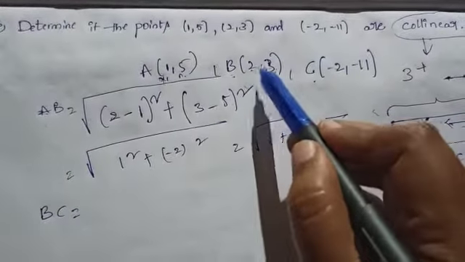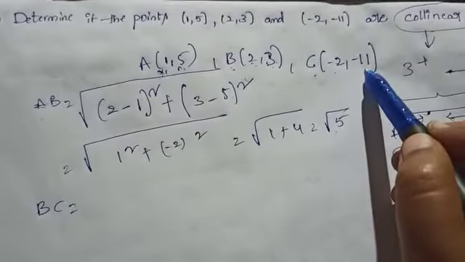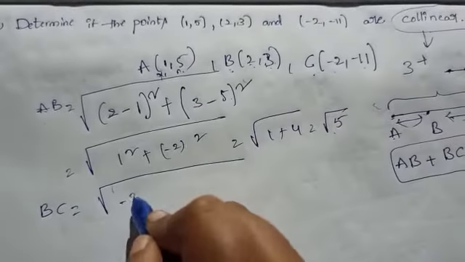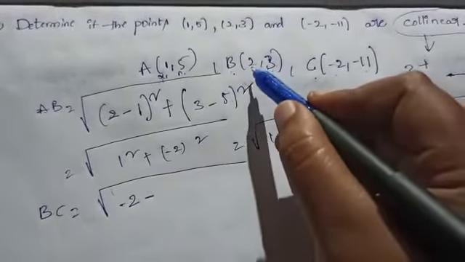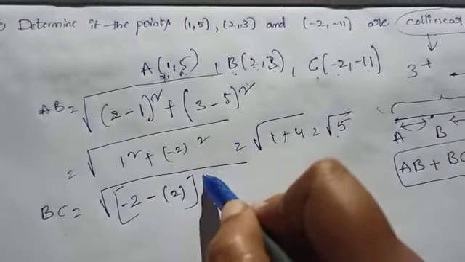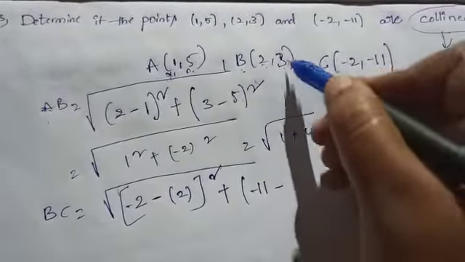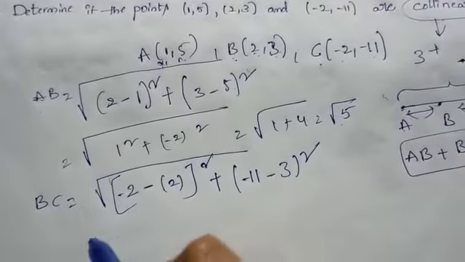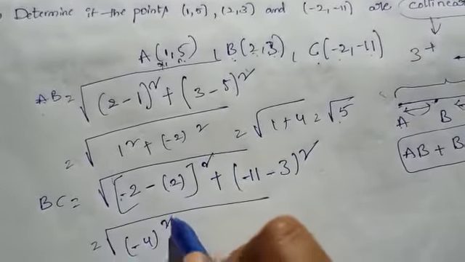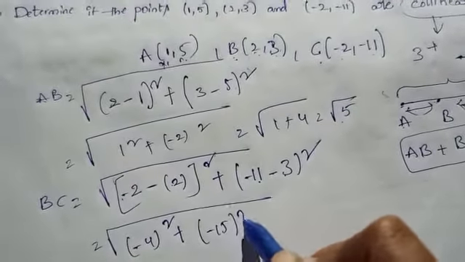Here x1 equals 2, y1 equals 3, x2 is -2, y2 equals -11. x2 -2 minus x1 is 2 whole square plus y2 is -11 minus y1 is 3 whole square. -2 minus 2 is -4 whole square, plus -11 minus 3, minus 14 whole square.